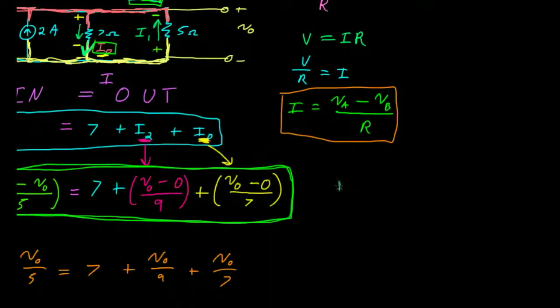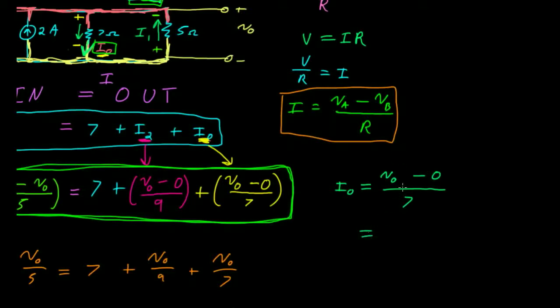My I0 is going to be the voltage difference across this resistor, so that is V out, that's the high side of my voltage, minus the low side of the voltage, which is just 0. V out minus 0, divided by the resistance of that resistor, which is 7 ohms.